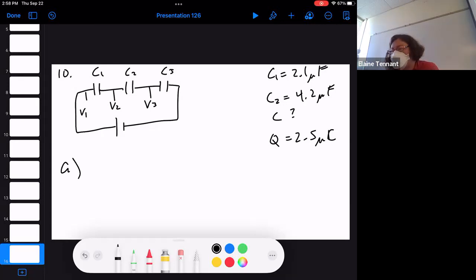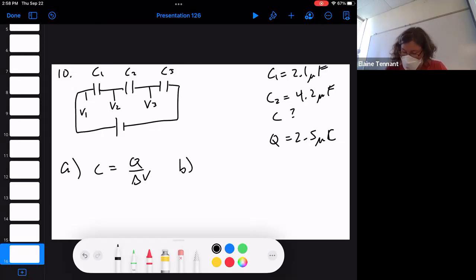First question asks for an equation to express the capacitance of any capacitor in terms of Q and delta V. So what's the equation of capacitance that includes Q and delta V? You got it. Q over delta V. Check. Now we're going to take this formula, we're going to apply it to capacitor 1 and find the potential difference across capacitor 1.